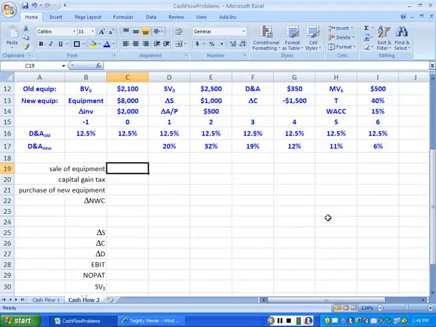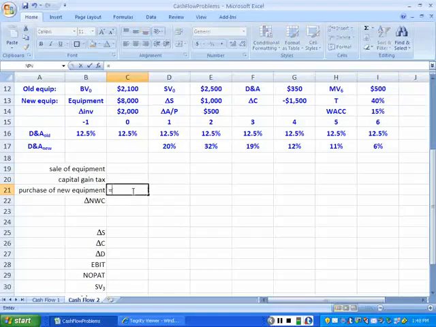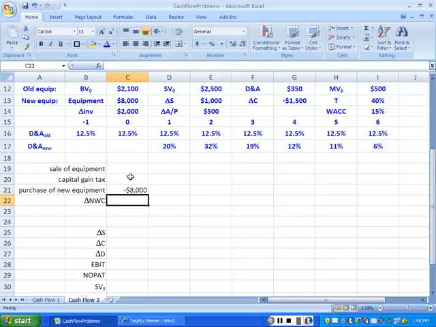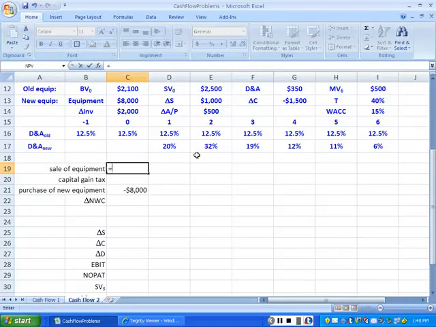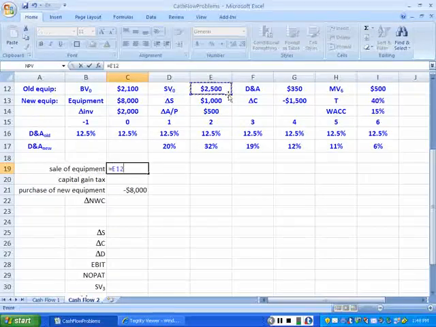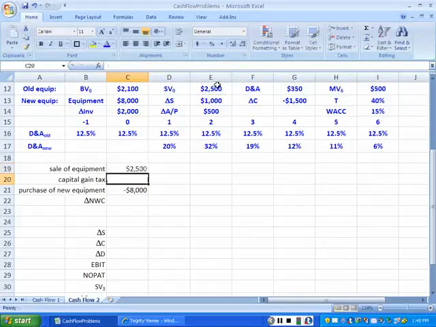If we were to sell the old equipment and purchase new equipment, yes, we would have the outlay of new equipment of $8,000, but we would also receive the revenue that's affiliated with the sale of the old equipment. So we would have to the good, we'd receive this $2,500 salvage value. Now, the fact that the book value, we've depreciated to $2,100, but we were able to receive $2,500, means that we're going to have a capital gains tax.